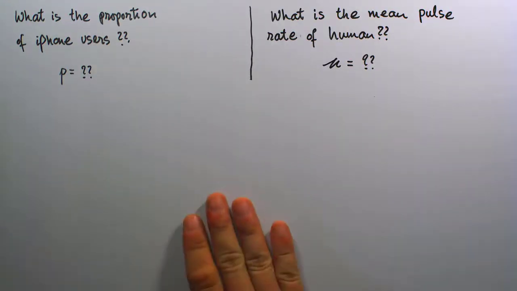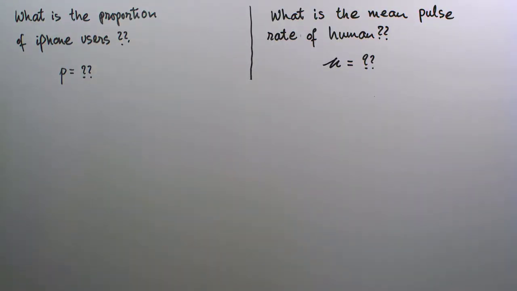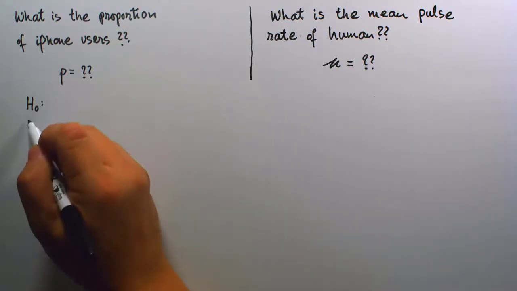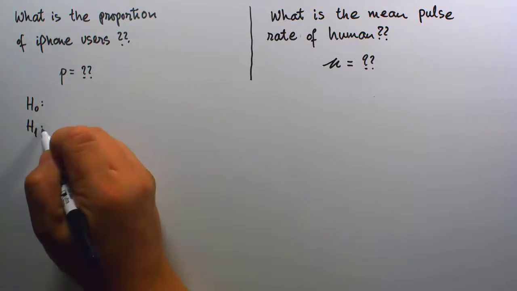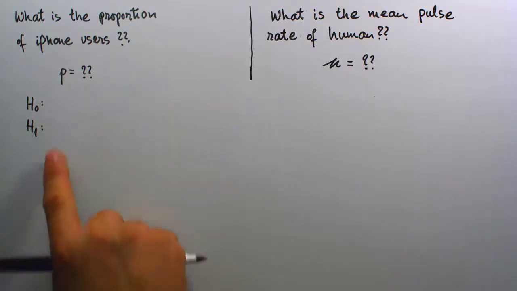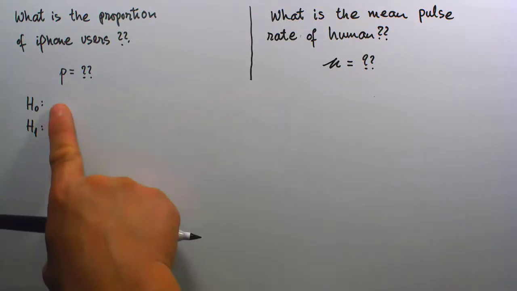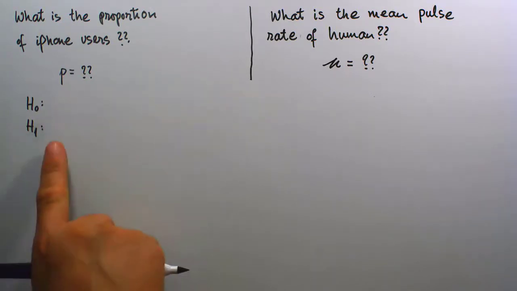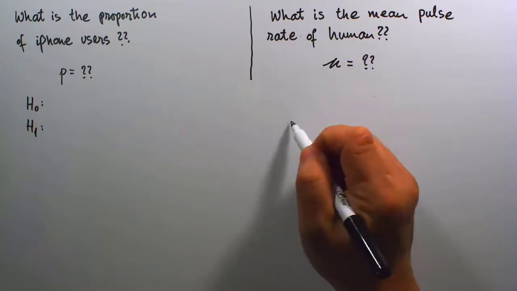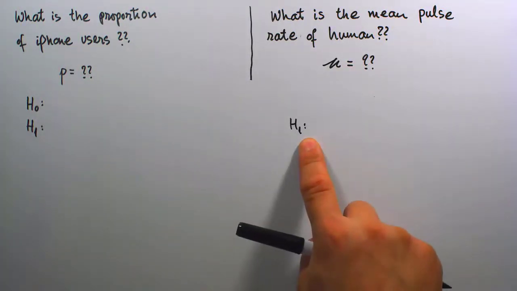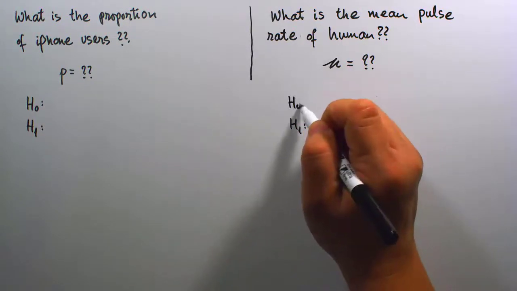And now that I have shown how important it is, before we proceed into any testing hypothesis problem, that we must identify our goal here, what we are arguing and what we are arguing against. So H1, the alternative hypothesis, is our own counter argument against somebody else's statements.